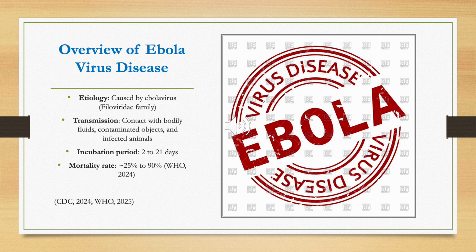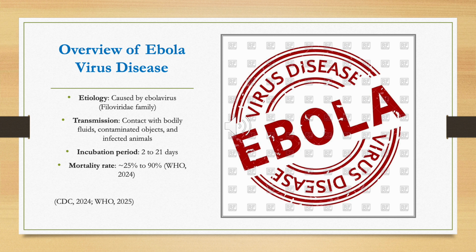Transmission primarily happens through direct contact with the blood, secretions, organs, or other bodily fluids of infected people or animals. The disease is not airborne, which is an important point when discussing infection control.